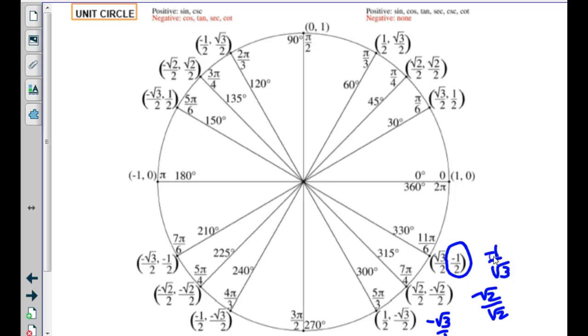This one, right? So this would rationalize to this. So this is the answer we want, but you can't call this 11 pi over 6. You have to call it negative pi over 6, which is renumbered on your colored unit circle, but eventually you're going to have to do without.